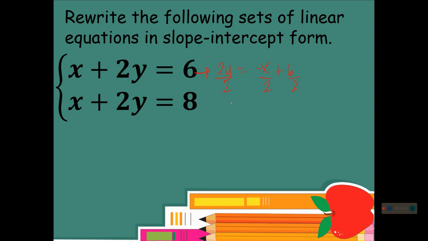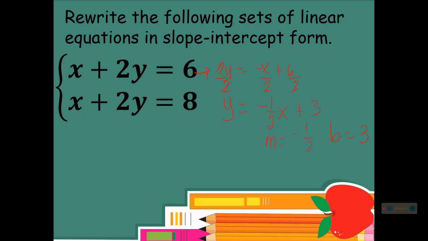So y equals negative x divided by 2. We can express this also as negative 1/2 x plus 3, so that we can follow the pattern y equals mx plus b. Okay? So our m here will be negative 1/2 and our b here is 3.